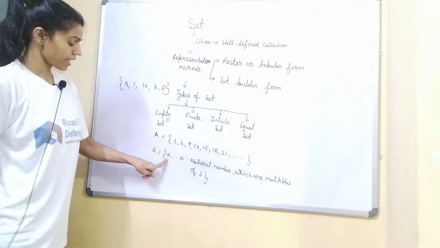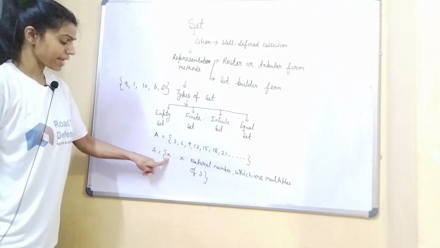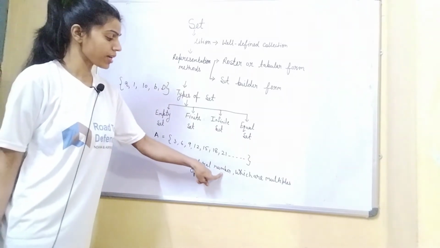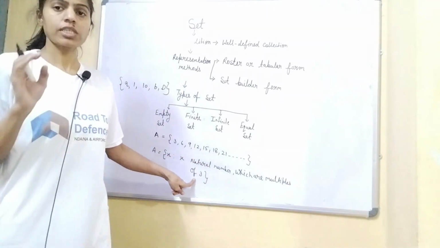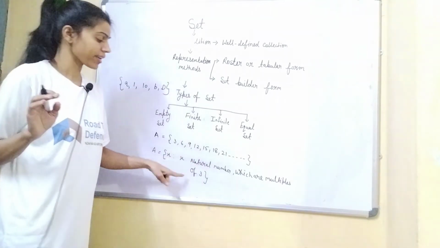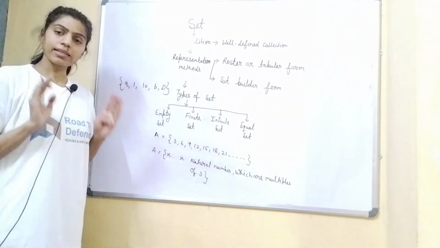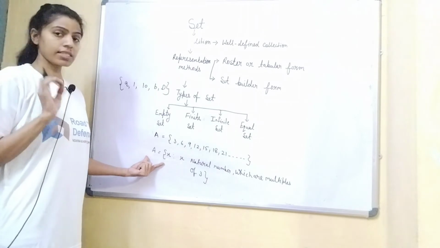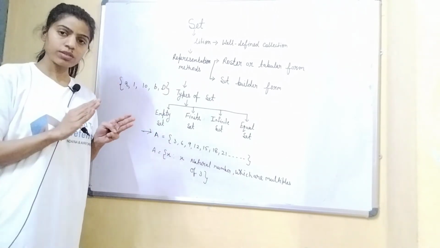Now see, there is a set A and its elements are represented by x, and x is natural numbers which are multiples of 3. So by using this sentence I can generate this set. From these we can understand what kind of elements will lie in this set. So this is the tabular form, in which we are writing the elements of the set.